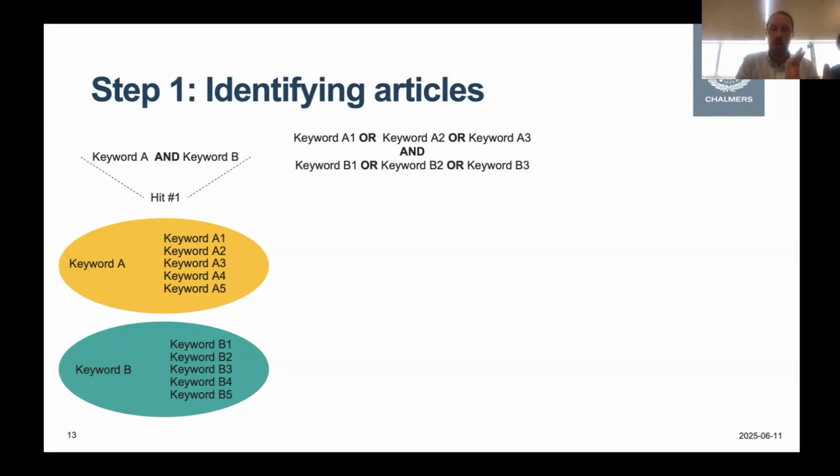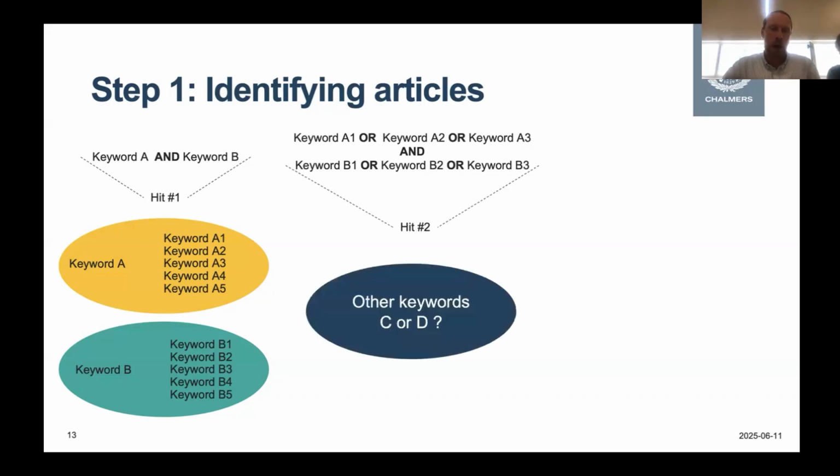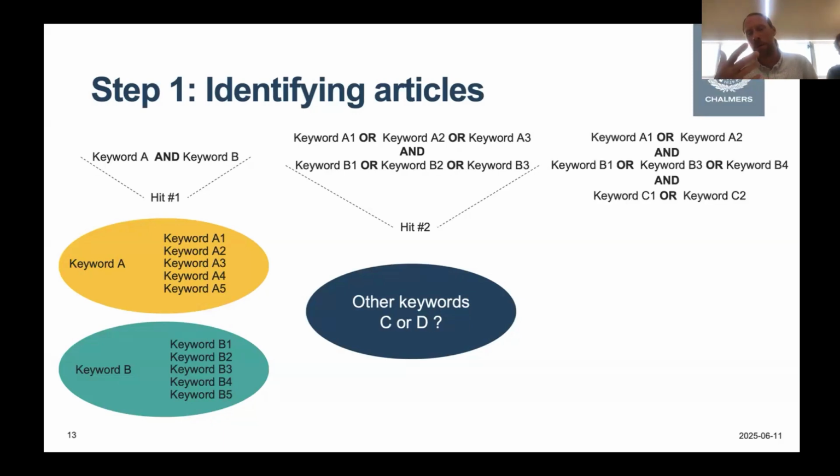You use a selection of these keywords, A1, A2, A3, and then you add them to B1, B2, B3, and you get another selection. However, you then realize that maybe it becomes way too broad, so you need to add even more keywords, with topic C and topic D, and then your search string might look like this in the end.